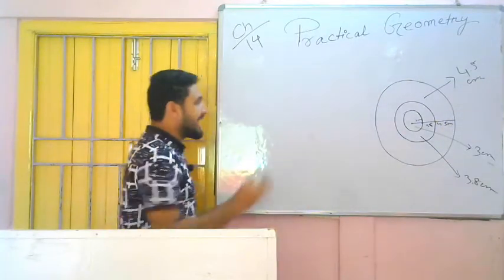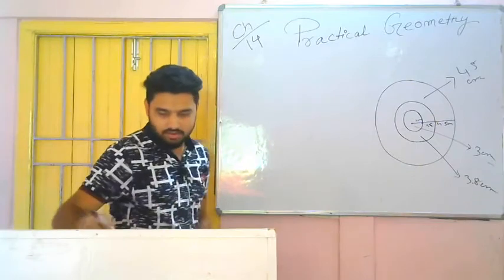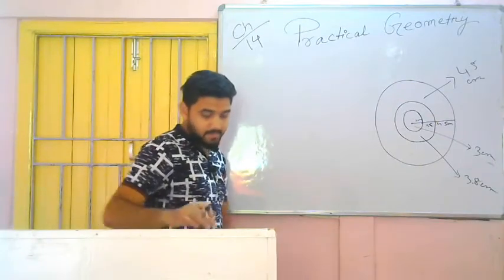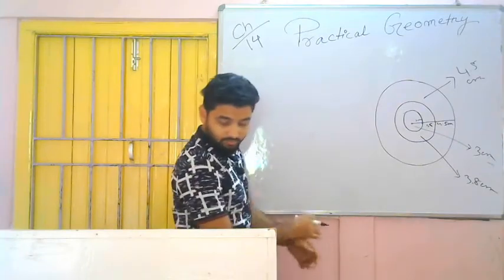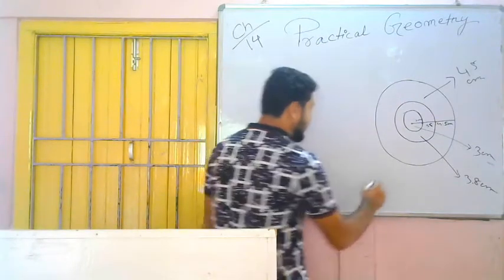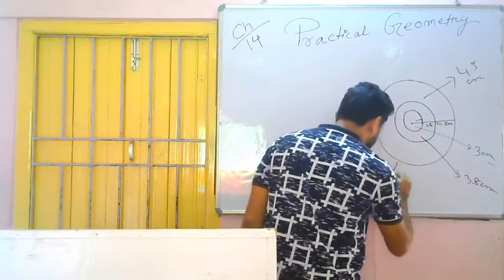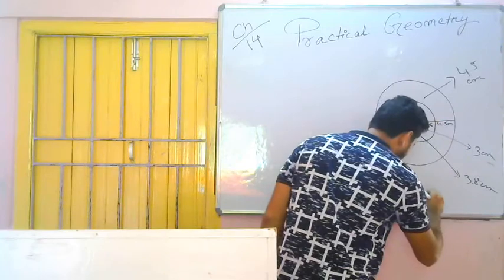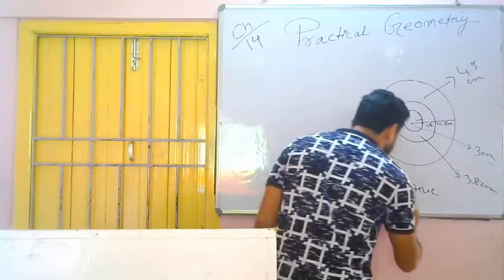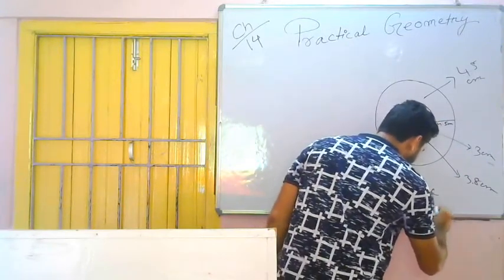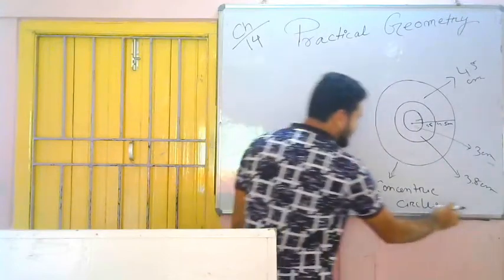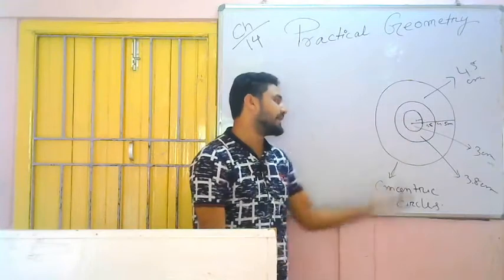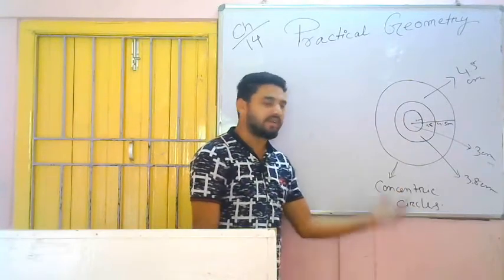Then write the steps of construction. Concentric circles: the circles having the same center are called concentric circles.